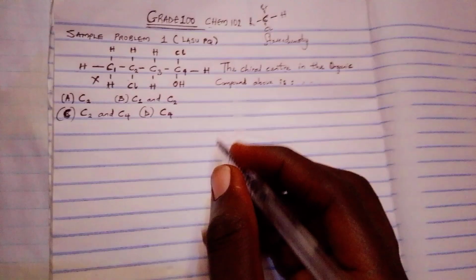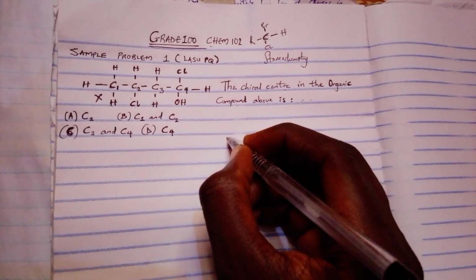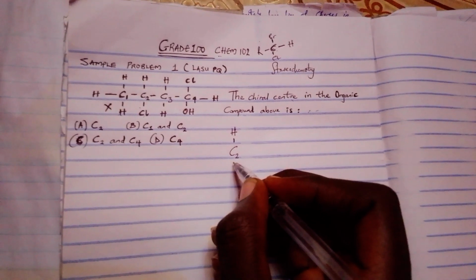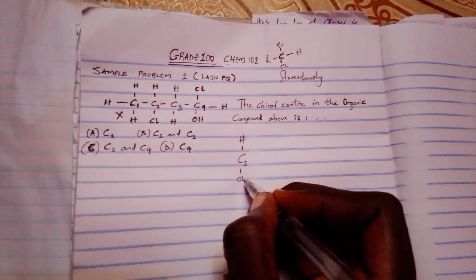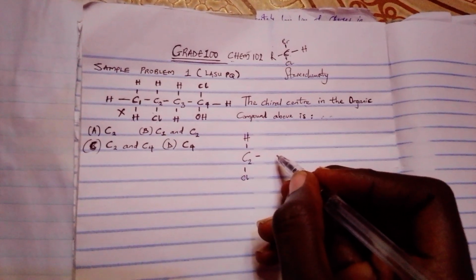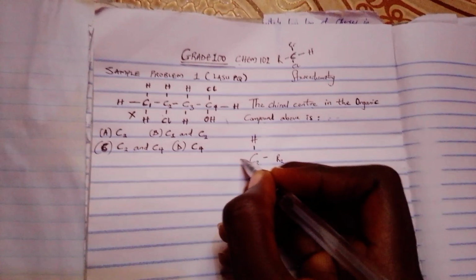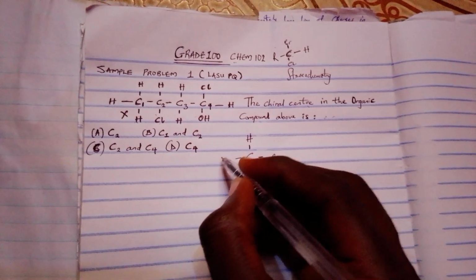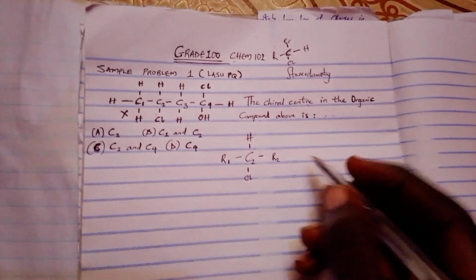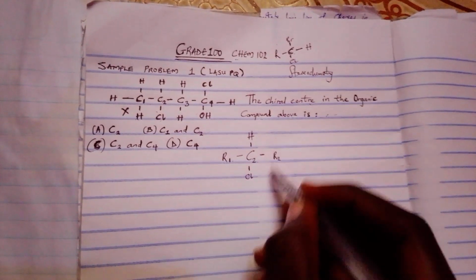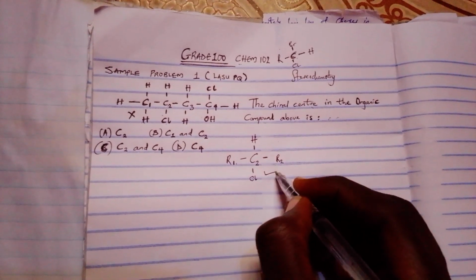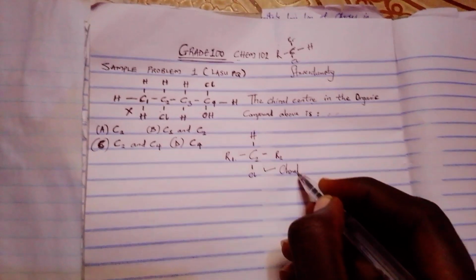Let's look at it this way: C2 is attached to hydrogen up here, chlorine down here, and, let's call them R2 for C3 and R1 for C1. We can clearly see that these are 4 different groups, hence making carbon 2 a chiral center.